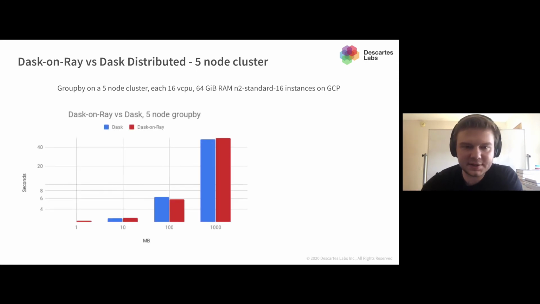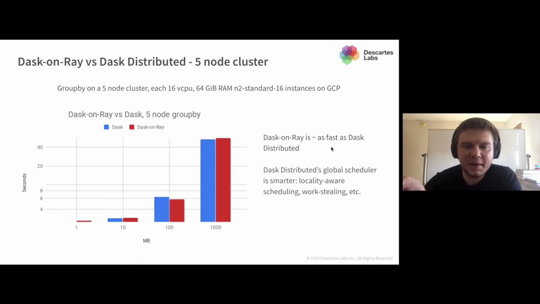If you're familiar with those, Dask-on-Ray is about as fast as Dask Distributed, which makes sense because Dask Distributed's global scheduler is really smart. It has locality-aware scheduling. It has work stealing. It potentially might have less overhead for the small cluster use case. Again, I've got to profile more. I'm looking forward to digging into this over the next couple of weeks.